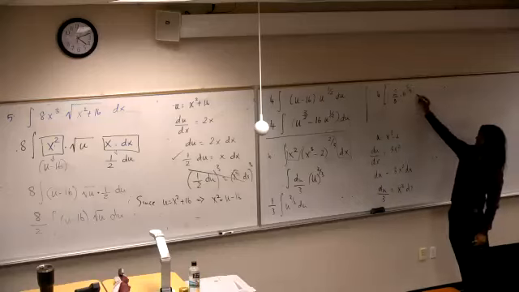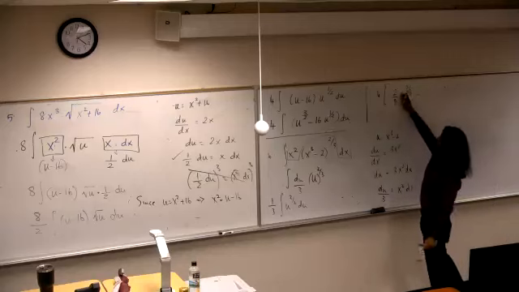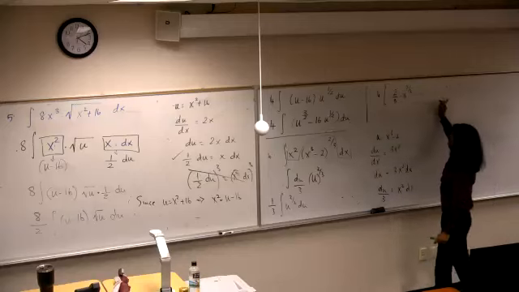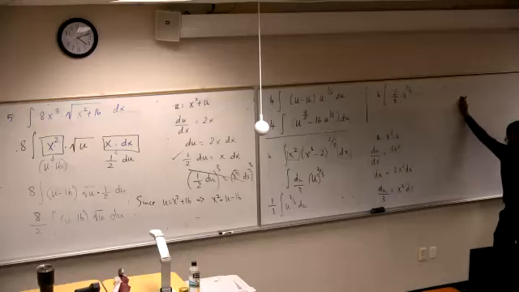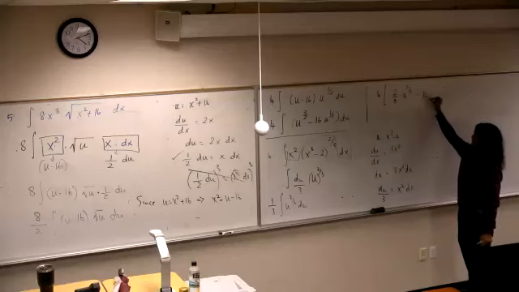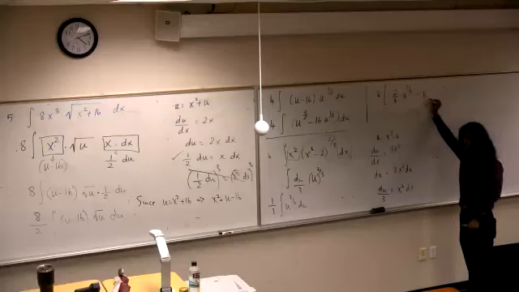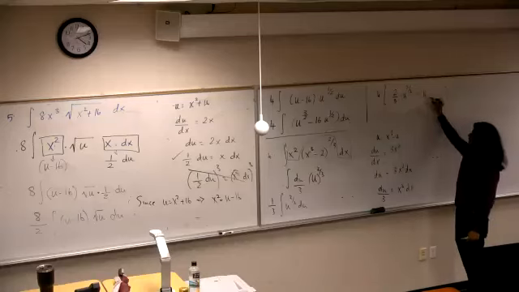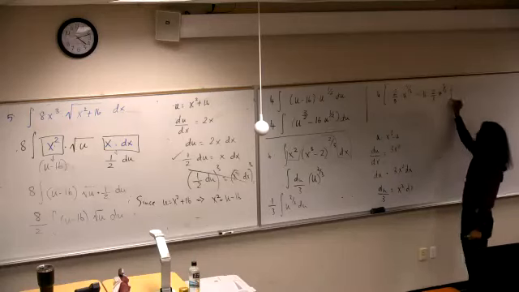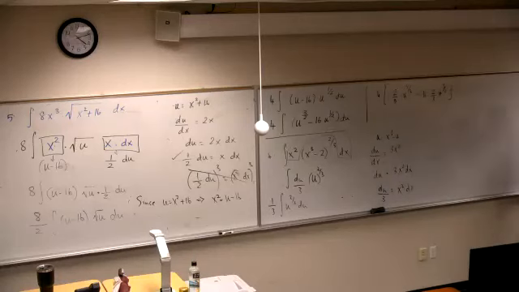What is the integral of u to the 1/2? u to the 3/2 over 3/2, which is 2/3 u to the 3/2. Good.